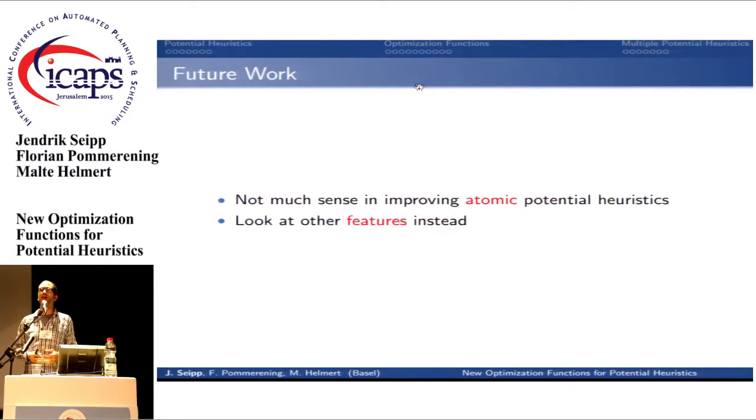In future work, it doesn't make much sense to improve the atomic potential heuristics because they cannot be made much more informed. Instead, we should look at other features instead of just using atomic ones.